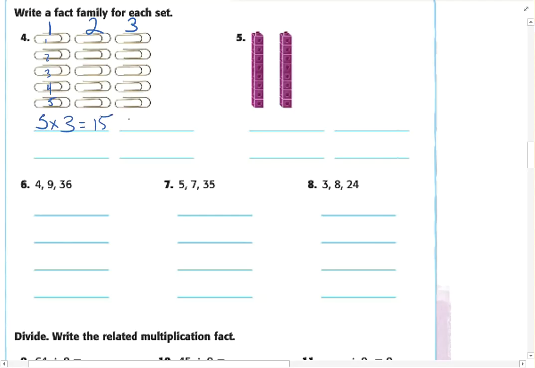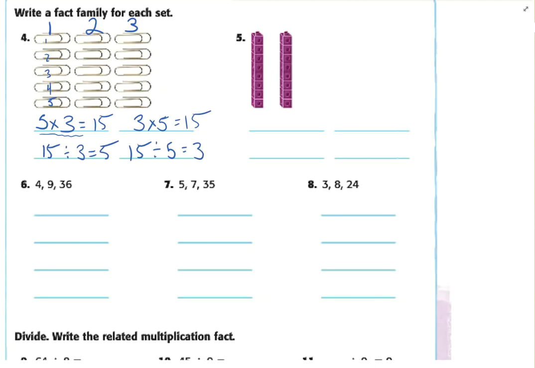And then the other way to write my multiplication part of it, 3 times 5 equals 15. The flip side of that would be 15 divided by 3 equals 5. And then 15 divided by 5 equals 3.